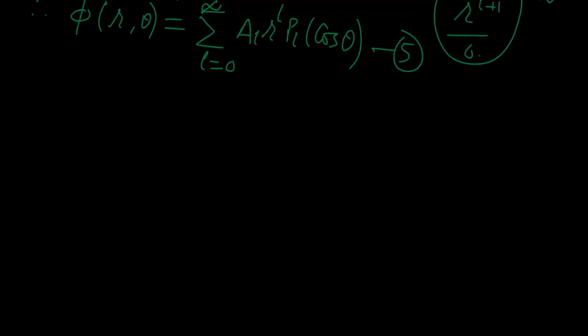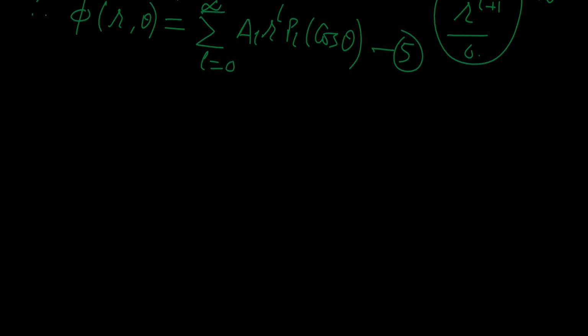Now, again we find the potential in this case, that is r less than a, when theta is 0, that is, we are considering the point on the axis of azimuthal symmetry, that is the z axis.